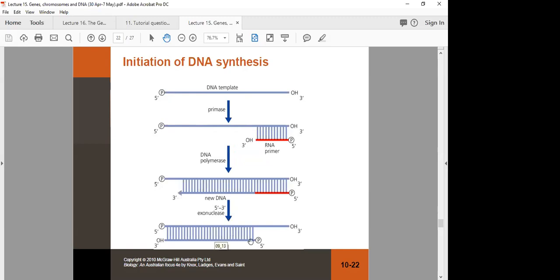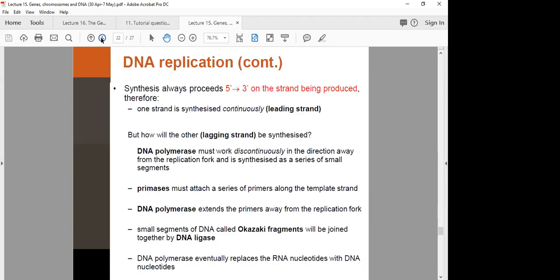And then at the bottom here, we can see that the RNA primer has been removed. So DNA synthesis always proceeds from 5' to 3' on the strand that's being produced.